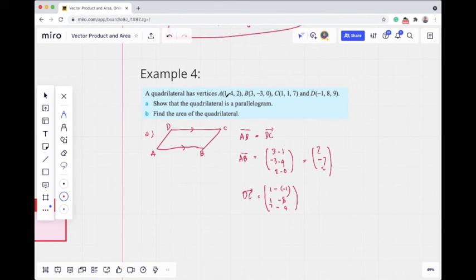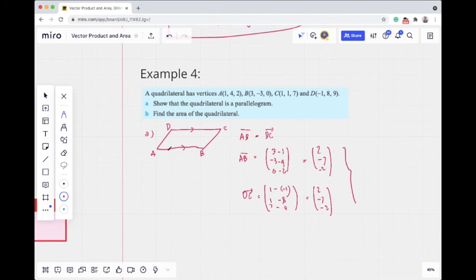AB: 3 minus 1, negative 3 minus 4, and then 0 minus 2 here, sorry. So this is negative 2. For DC, 1 plus 1 is 2, 1 minus 8 is negative 7, and 7 minus 9 is negative 2. Okay, it's proven that AB and DC are the same vector.